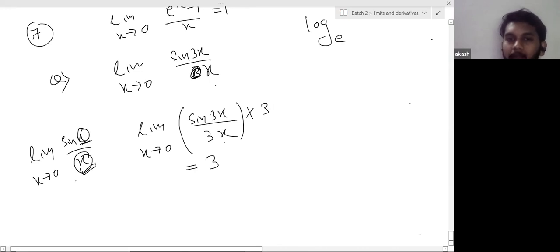So here we have the angle 3x. So we need 3x in the division, but we had only x. So to make that x into 3x, I have to multiply by 3. So I can multiply 3 here and here, so that I don't change the quotient, right? If you ever divide by 3, you have to multiply by 3 also. So this becomes 1 and the answer becomes 3.